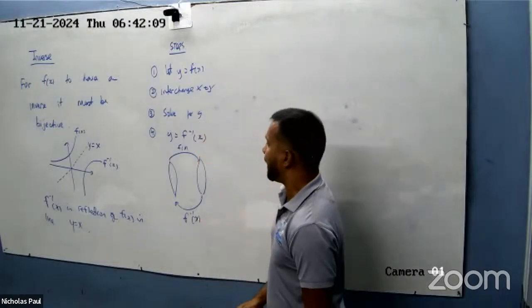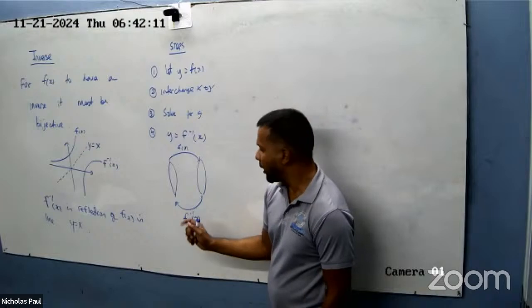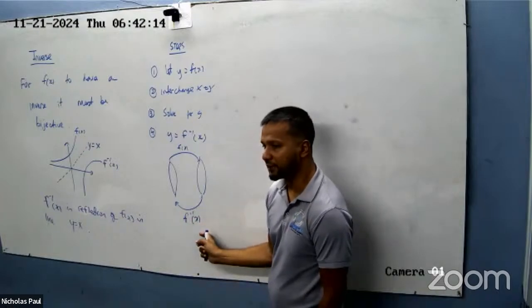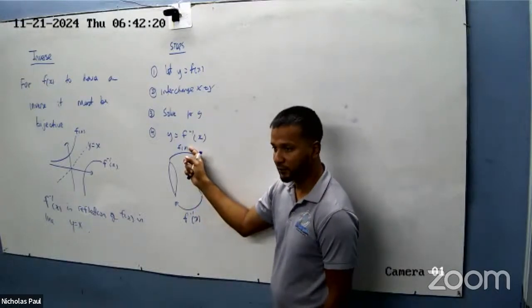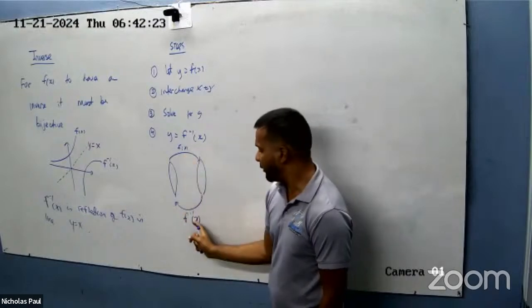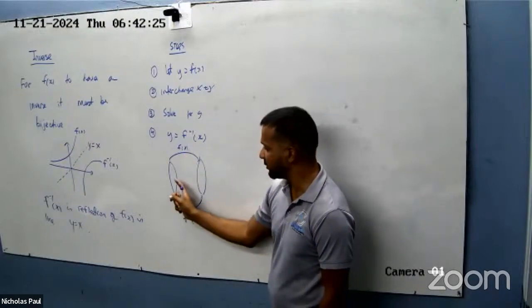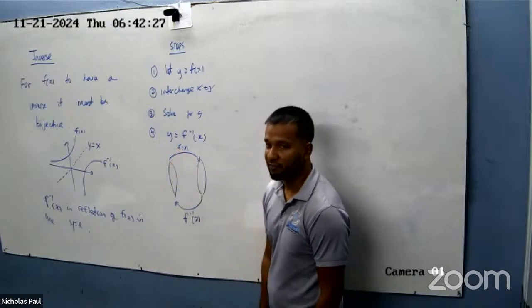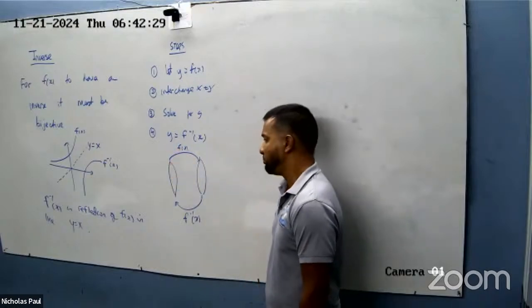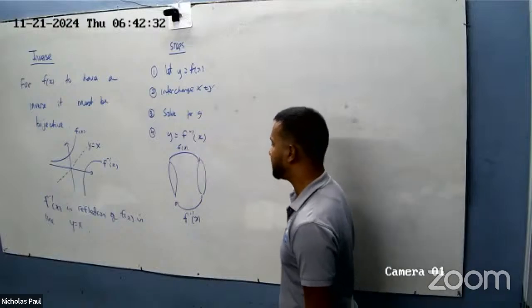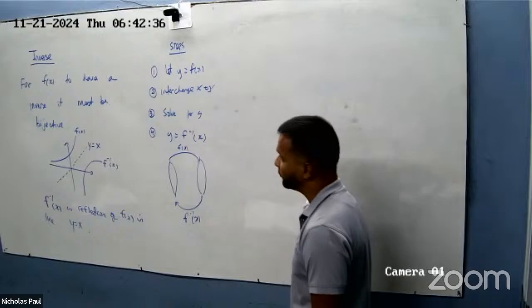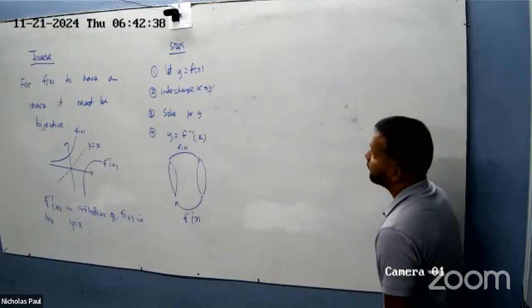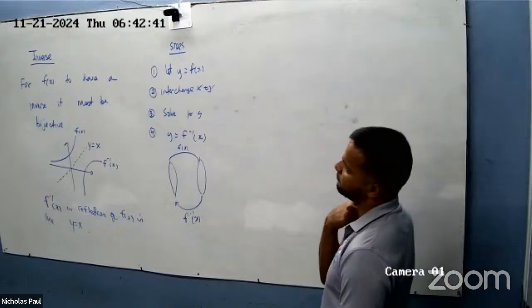You should also remember that the domain of f inverse x is the range of f of x, and the range of f inverse x is the domain of f of x. These are small things to remember from Form 5.